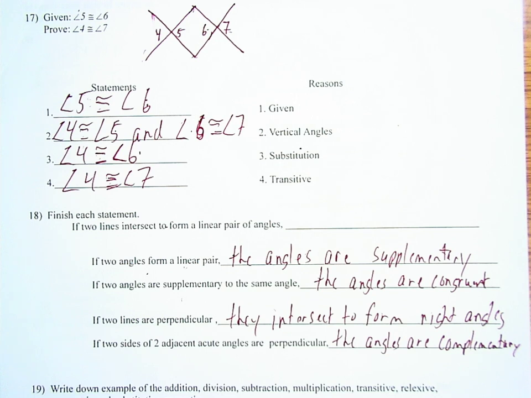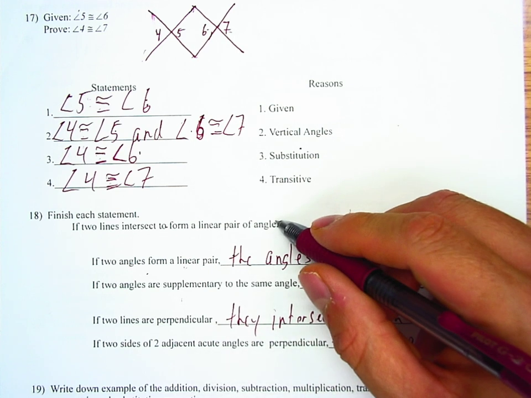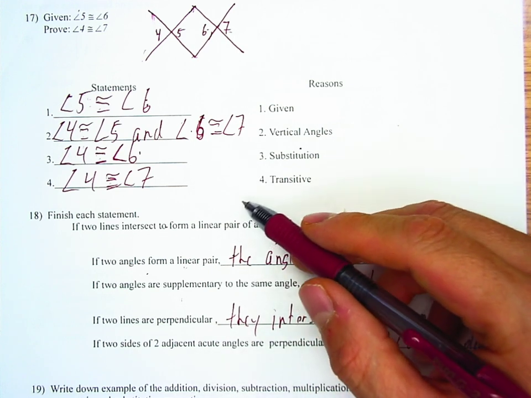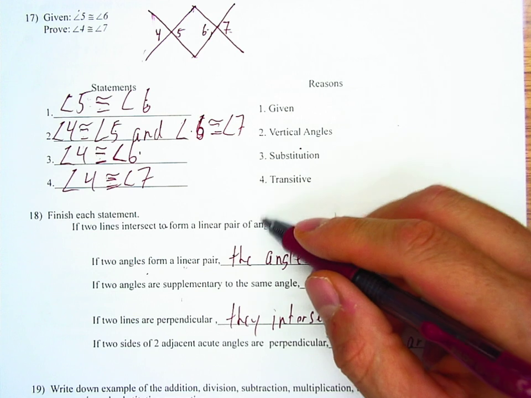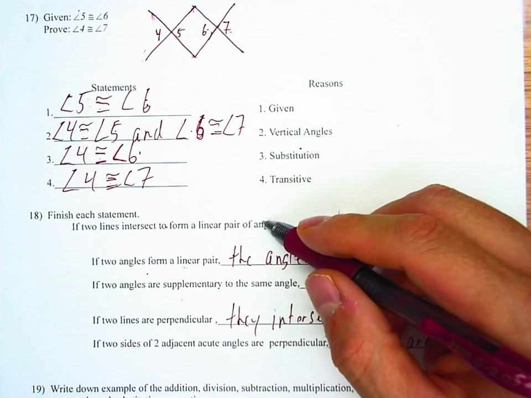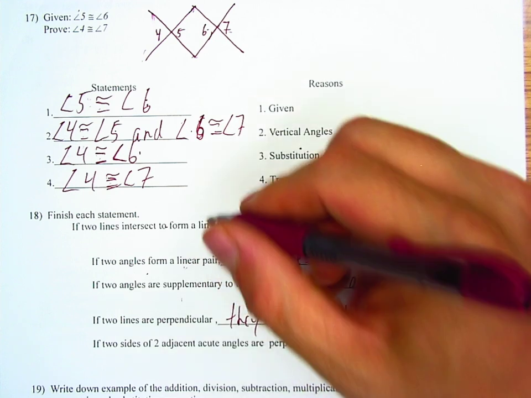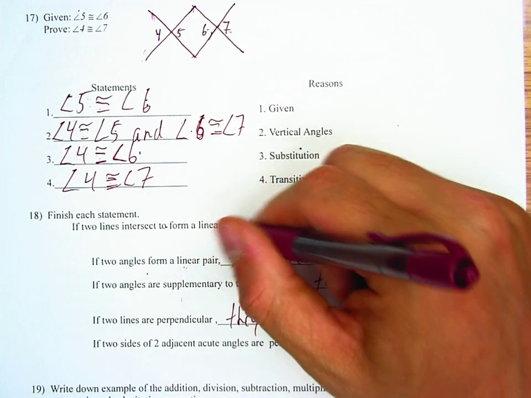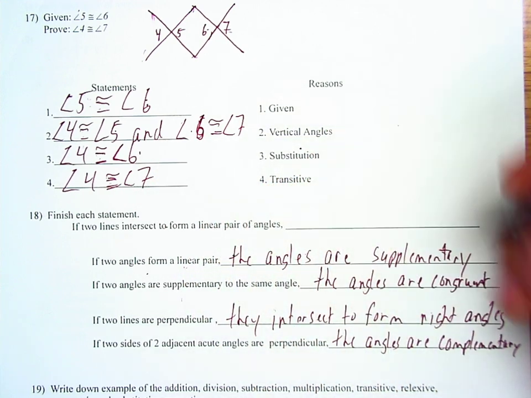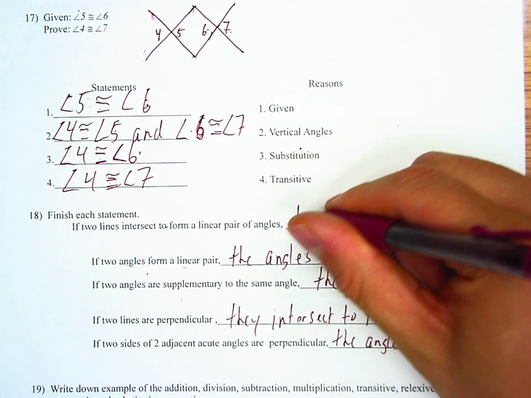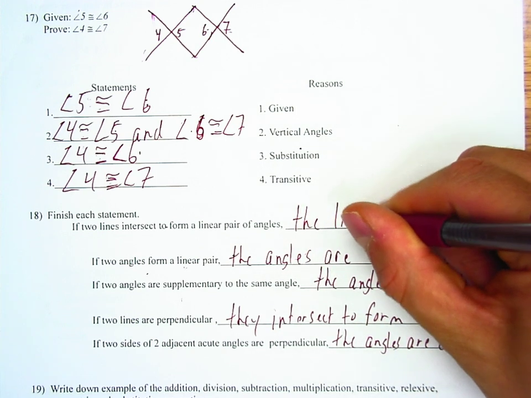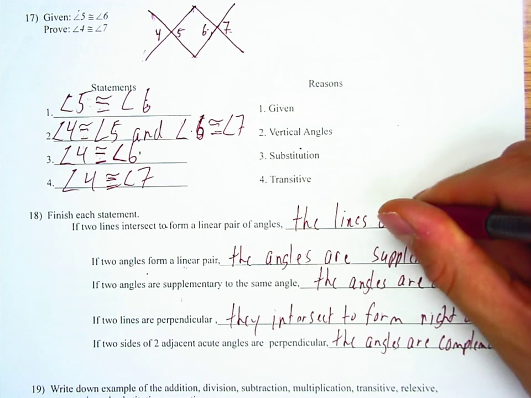And so this statement has not been finished. It should say if two lines intersect to form a linear pair of right angles or congruent angles. So I'm going to reword this. If two lines intersect to form congruent angles, then the lines are perpendicular. And I'm going to reword this on the test as well.